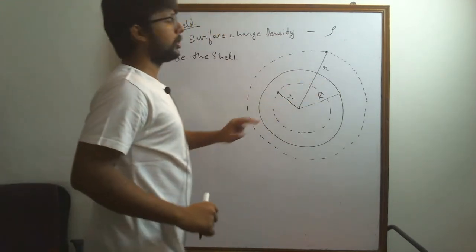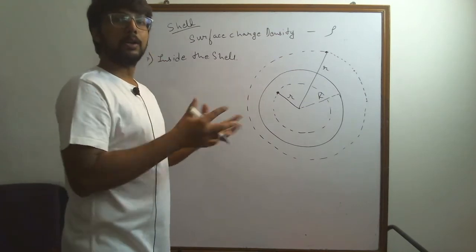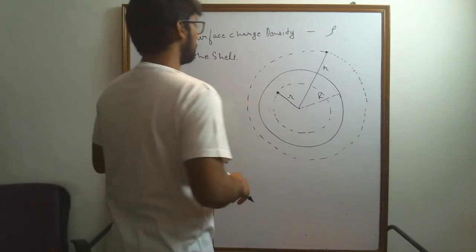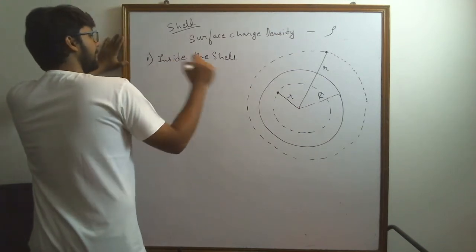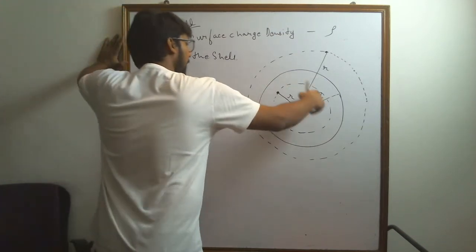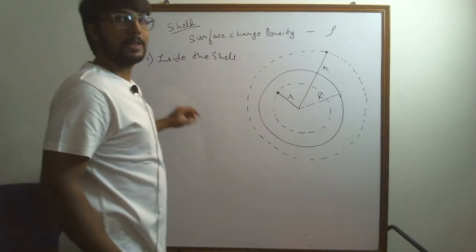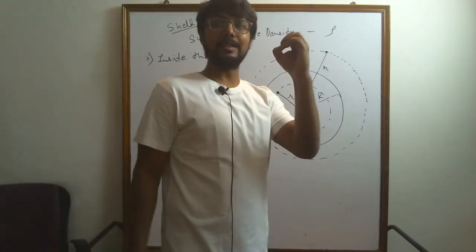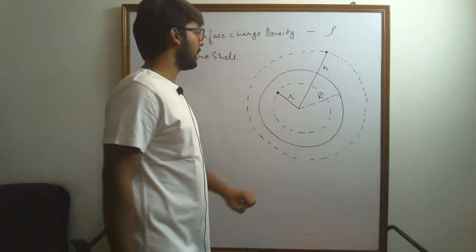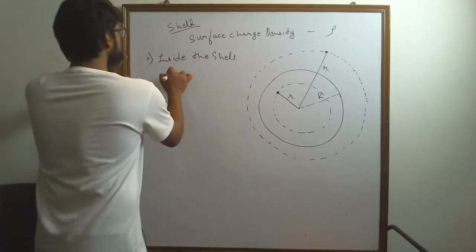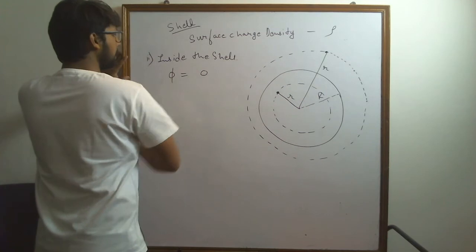Again, I have taken a Gaussian surface of sphere, because the symmetry allows us to do that. When I take the Gaussian surface as this, how much is the charge which is encapsulated by the Gaussian surface? 0, right? Because there is no charge inside, which gives me the flux as 0.